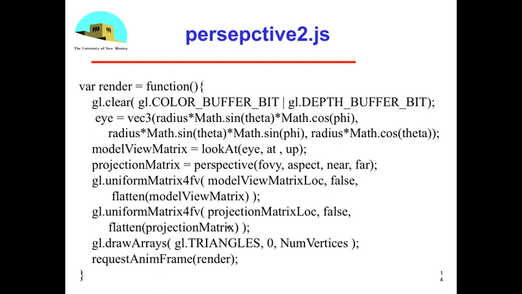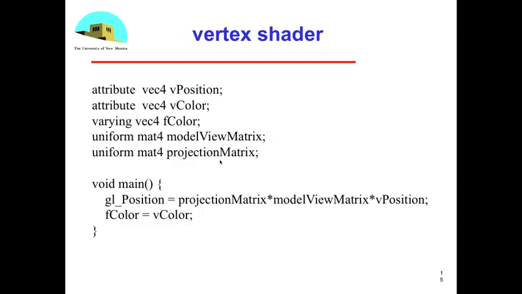The shader itself in this kind of example is almost trivial. It takes in a position. If we're doing our standard thing of interpolating colors, we send in a color and then I just send it on as a varying variable off to the fragment shader, the rasterizer, which will convert it into a color for each fragment by interpolation.